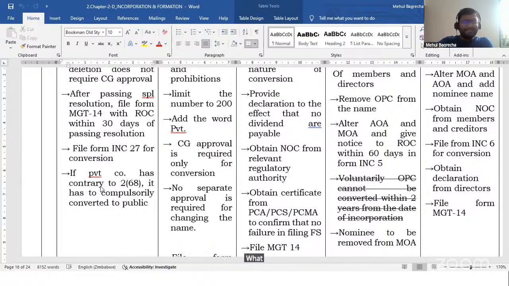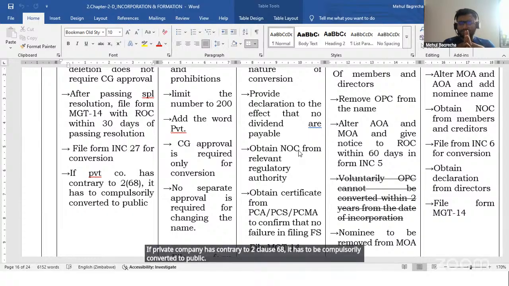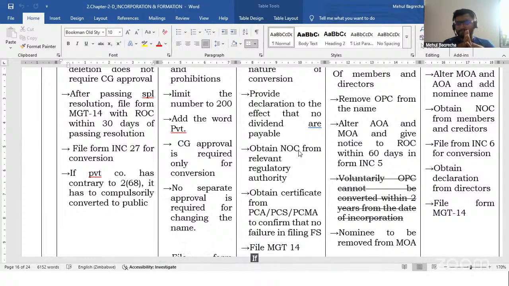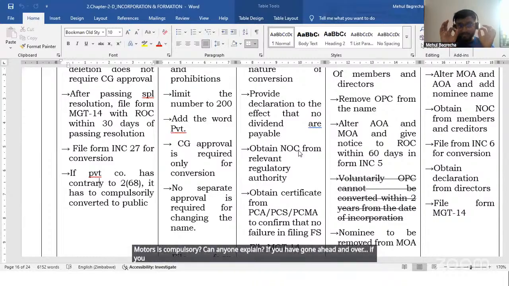What is this compulsory? Anyone? If anyone can explain? If you have overridden the RLP conditions, then it's compulsory. If you've gone ahead and overridden the entire RLP condition, do you remember the prohibition?